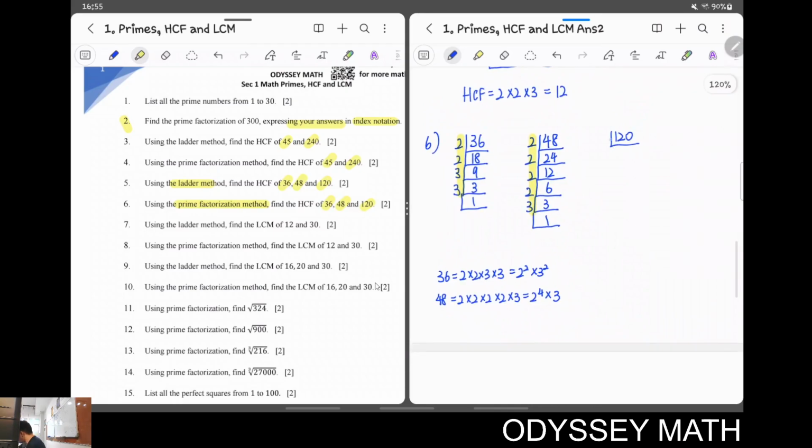Now for 120, we again multiply all the numbers vertically over here.